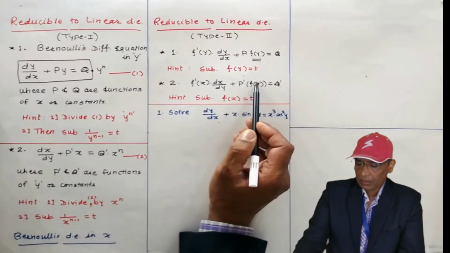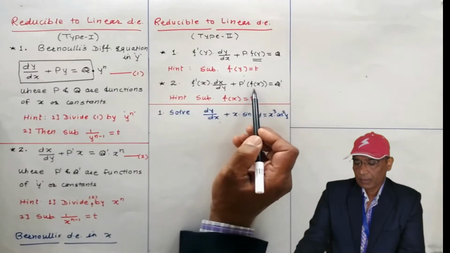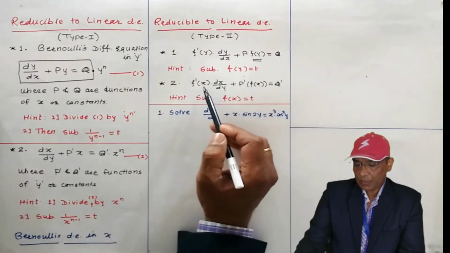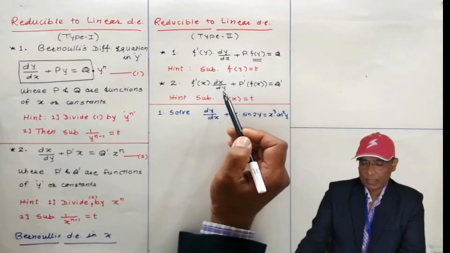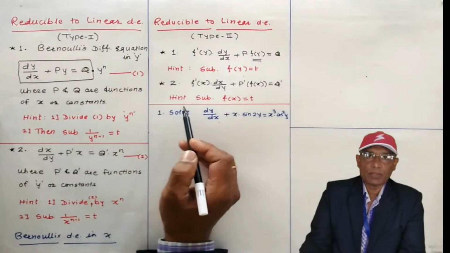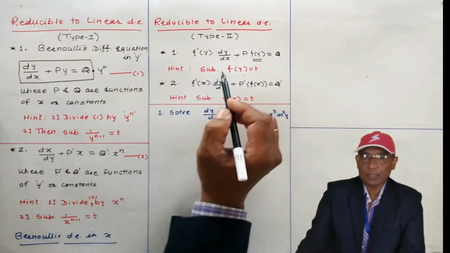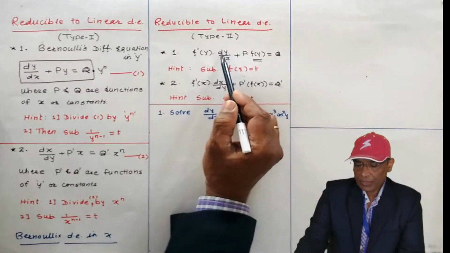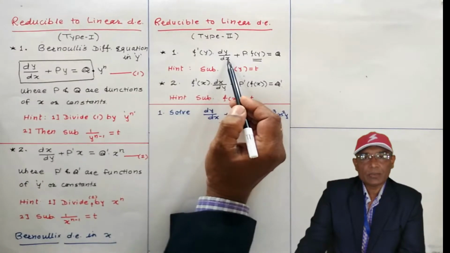Here, if you find f(x) at the middle term, then the derivative of f(x) with respect to y is f'(x) dx/dy. And as I told you earlier, when you solve any differential equation, reducible to exact or reducible to linear, one important thing you have to remember: in the differential coefficient, if x is present in the denominator, then all derivatives and integrations must be carried out with respect to x.